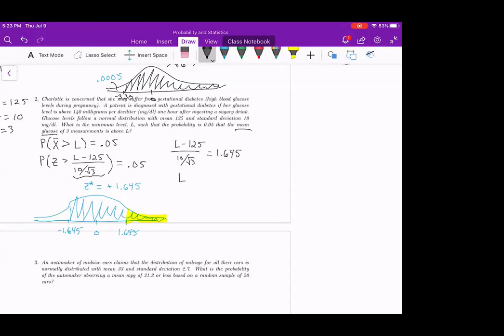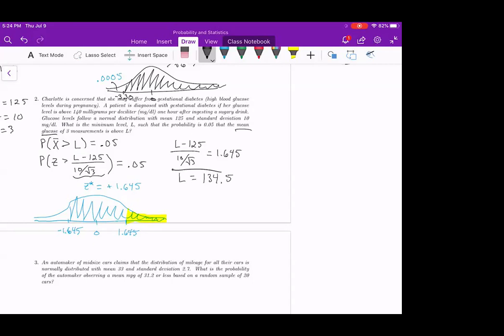And from here, it's algebra to solve for L. When you do that, you should get about 134.5.